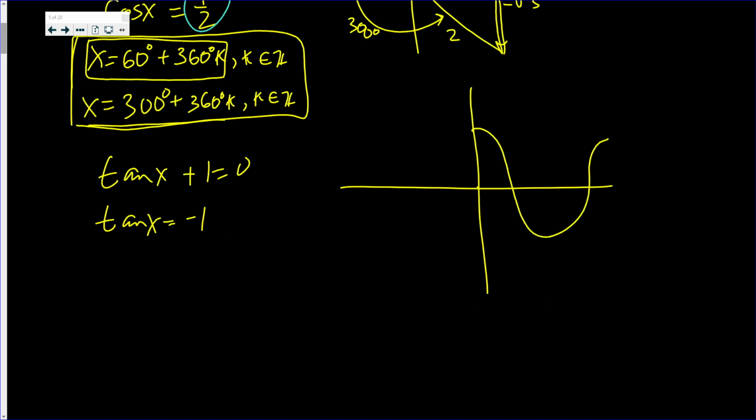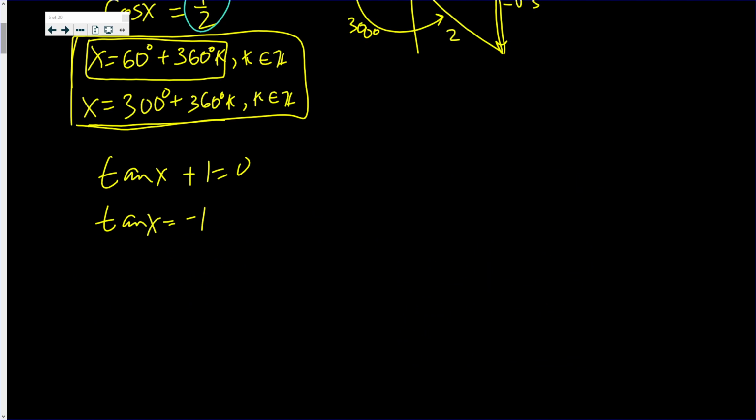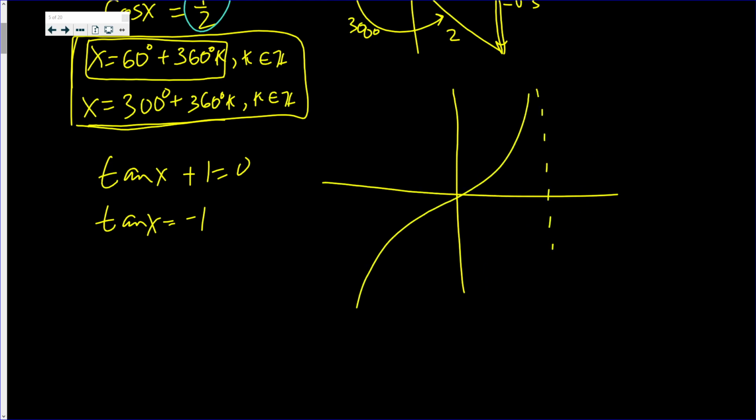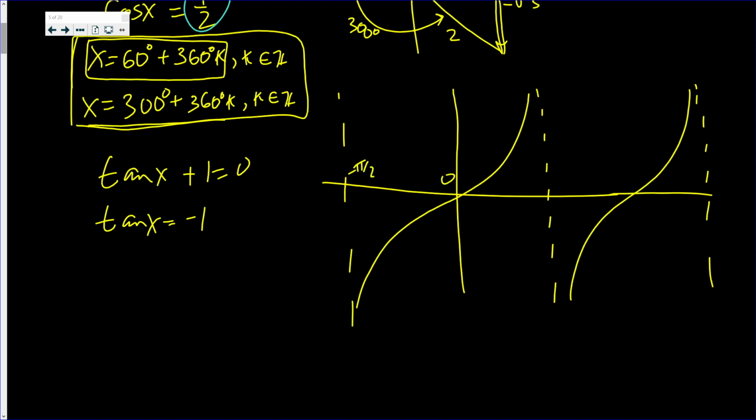That's why I looked from 0 to 360 in the last problem. Same for sine. But what about tangent? I know tangent goes like this, and then it repeats this again. Here is negative pi over 2. Of course, that's 0. That's pi over 2.